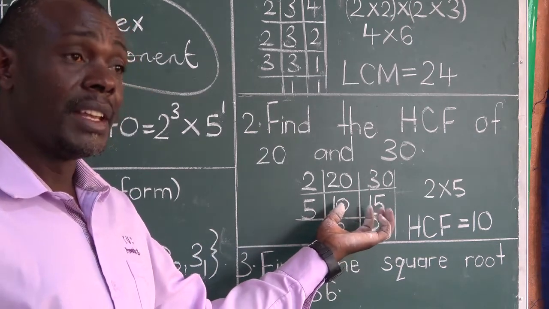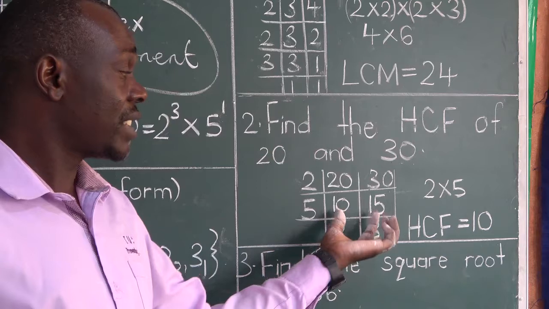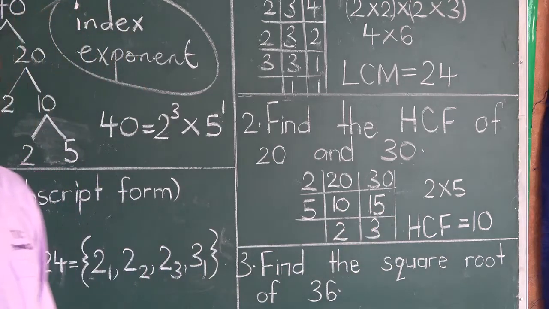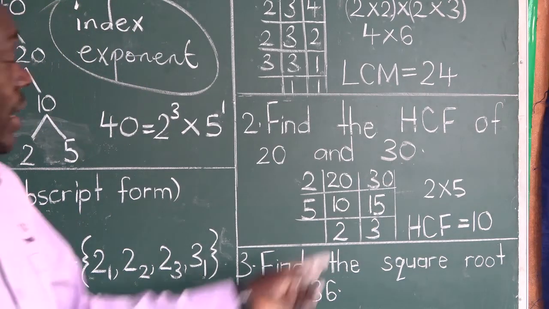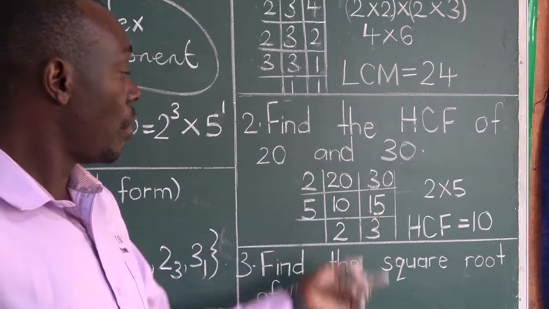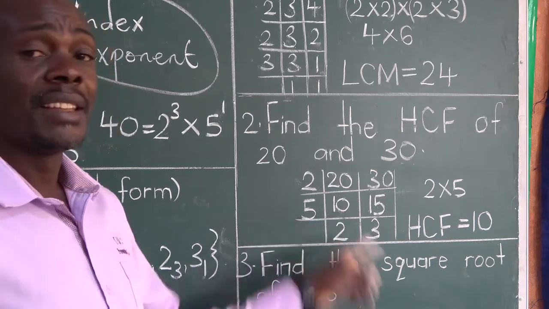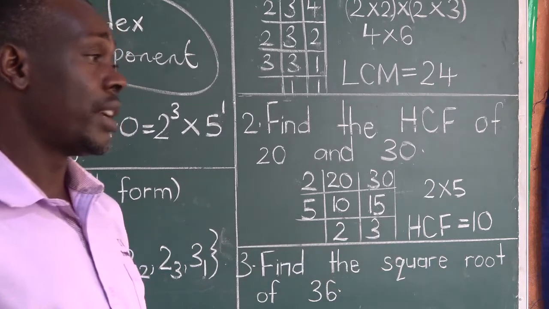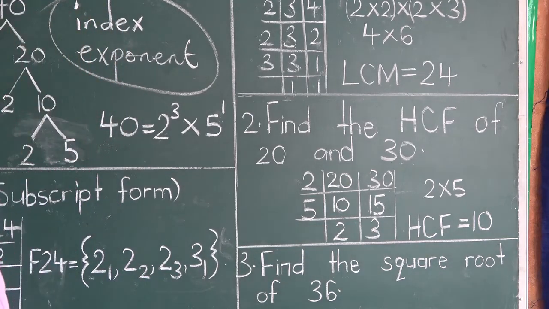The two numbers must agree on the very number dividing them. 10 and 15 are not both divisible by 2. It's only 10 that is divisible, but the other one refuses. But both must agree on the number you are going to use to divide.